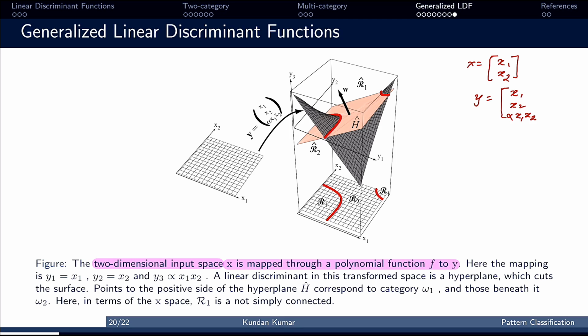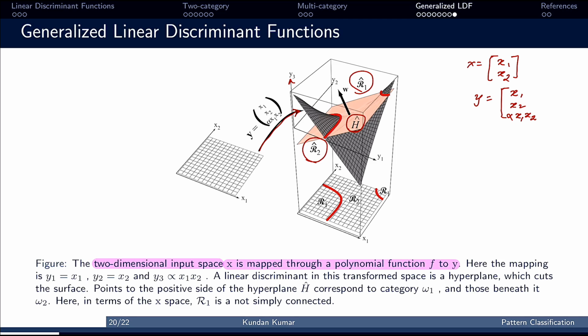Okay. So, here this polynomial function maps the two-dimensional input feature vector to a three-dimensional feature space, where the features become linearly separable by using this decision surface, which divides the feature space into two spaces, that is R1 hat and the other is R2 hat.